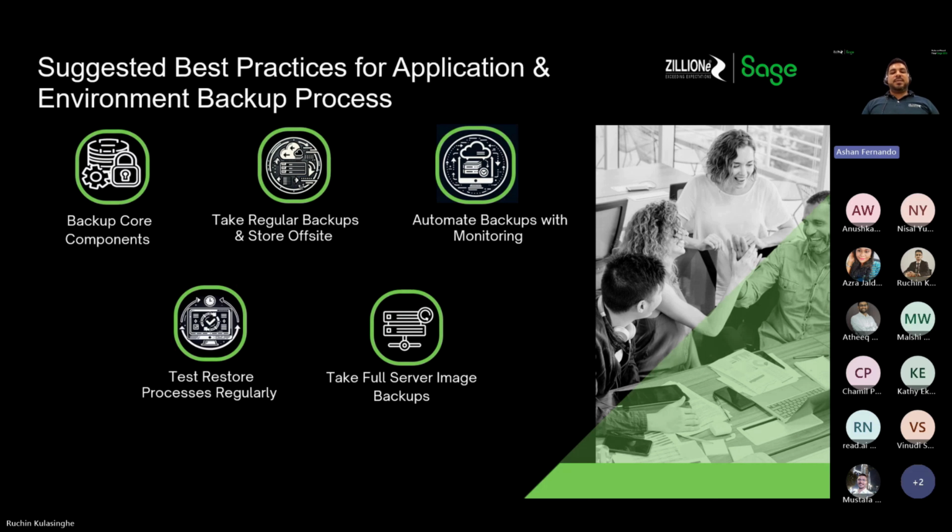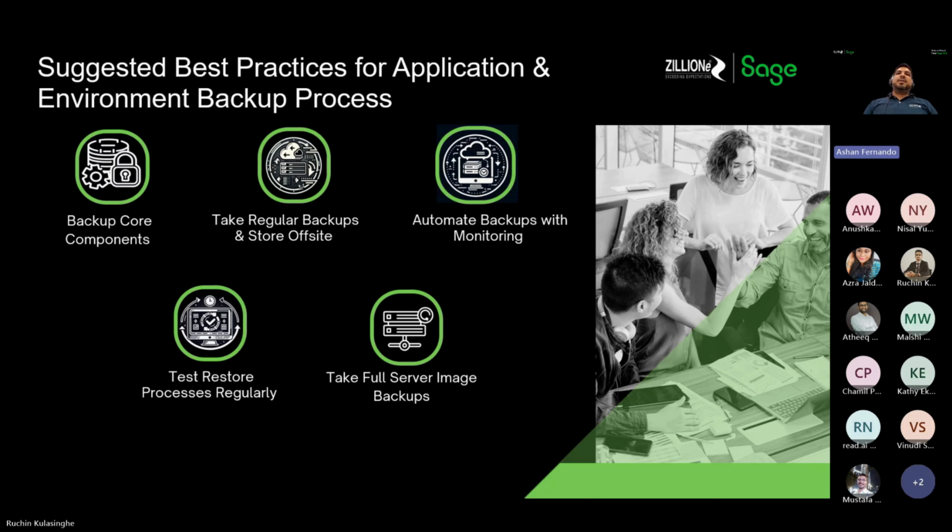And also, as a last point, take a server image backup. This is a very important thing. This is actually a time-saving thing, because with an image backup you are taking the whole thing, not only the database and application, but the whole server at one point.